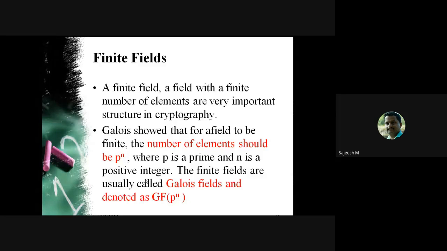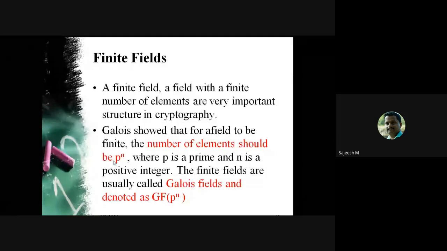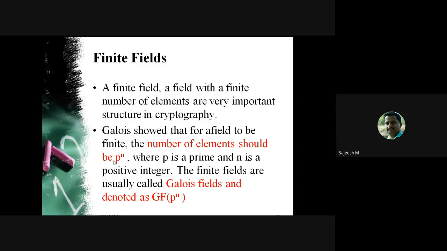Finite fields are usually called Galois fields and denoted as GF(p^n). That is the normal representation.